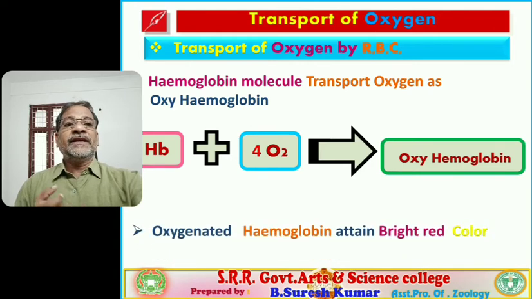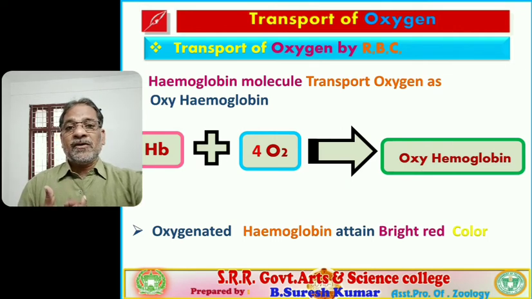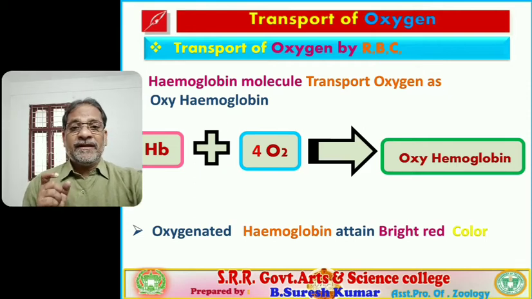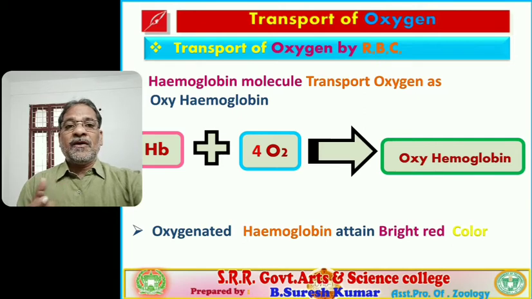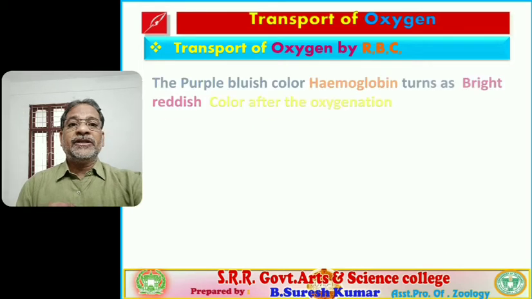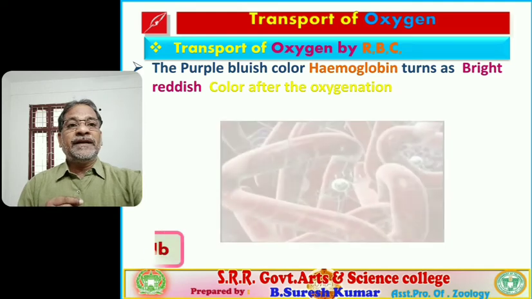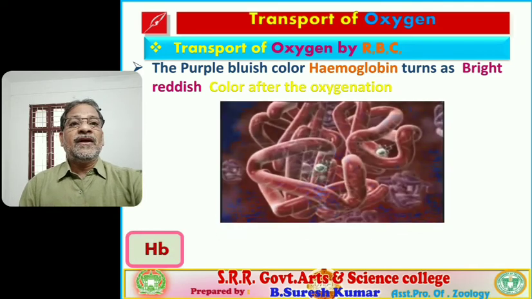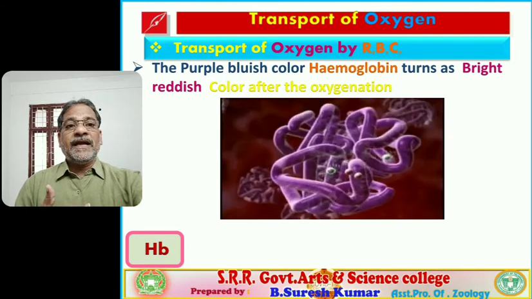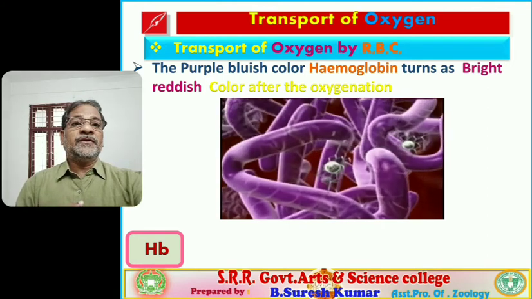The oxygenated hemoglobin attains a bright reddish color. Before oxygenation, the hemoglobin molecule appeared purple bluish red in color, but after oxygenation, after binding with oxygen, immediately the hemoglobin molecule attains a bright reddish color. So you observe this visual, the purple bluish hemoglobin turns bright reddish after oxygenation. In what fashion do you observe this visual?